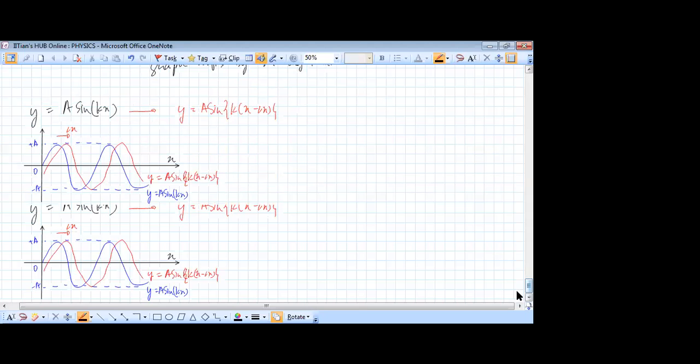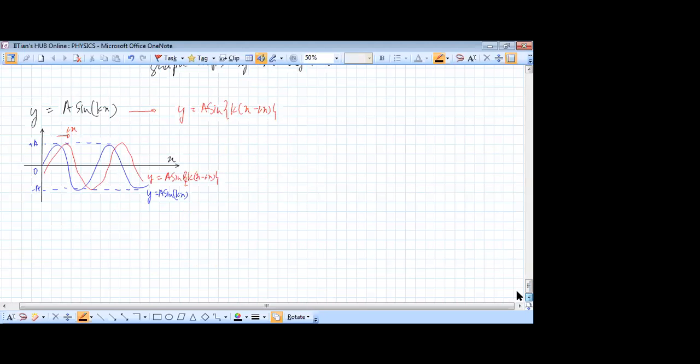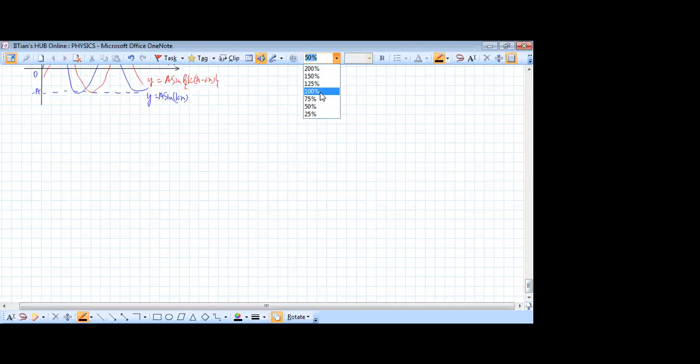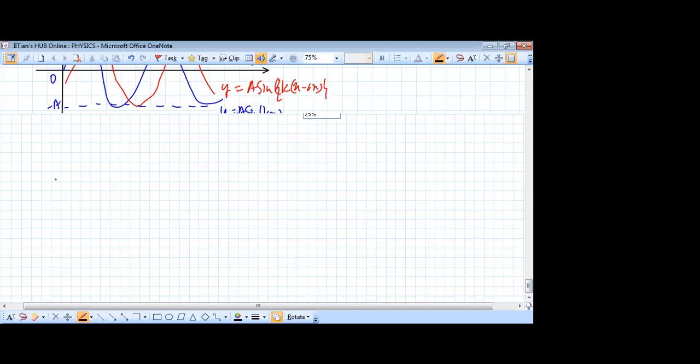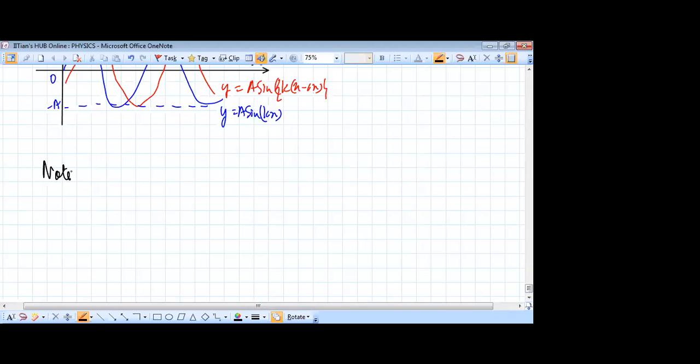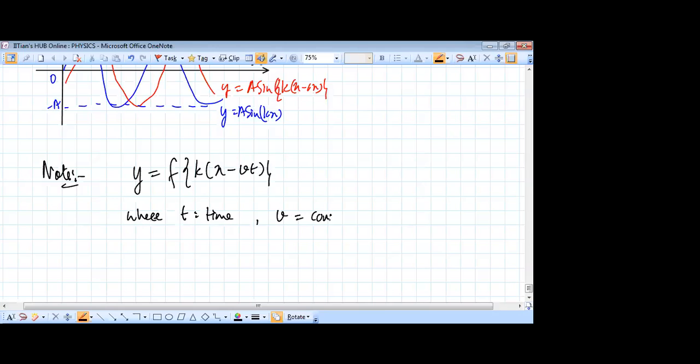Okay, so now from this transformation, we move on to a moving function. So next thing we understand that if we have a function y is equal to f of k into x minus vt, okay, where t is time and v is a constant which has dimension of LT^-1.